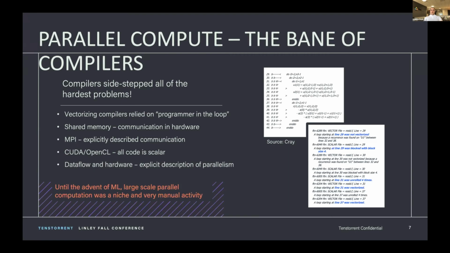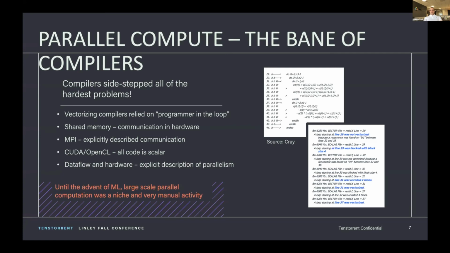It turned out that the problem of generating high quality parallelized implementations of high level code is a good deal harder than the problems that were tackled up to that point in the evolution of compilers. The end result was that compilers effectively abdicated their responsibility in solving the problem. They really ended up sidestepping most of the problems involved in generating efficient solutions for highly parallel systems.